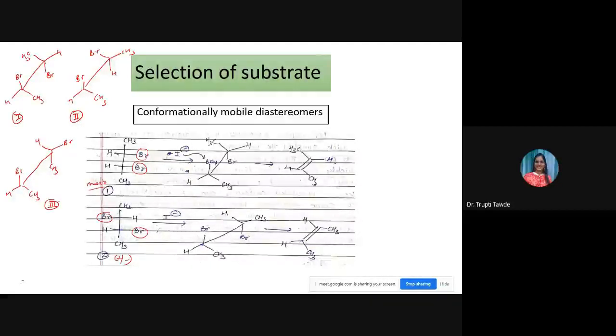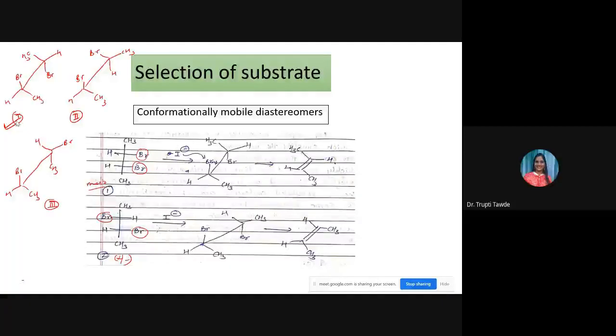Now according to the previous rule, what could we do? We could consider the most populated one. But the reaction says when the two bromines are going to leave, they're going to leave from opposite sides. Anti elimination is the rule, right? So for anti elimination, out of 1, 2, 3, I have to consider only one. Why?